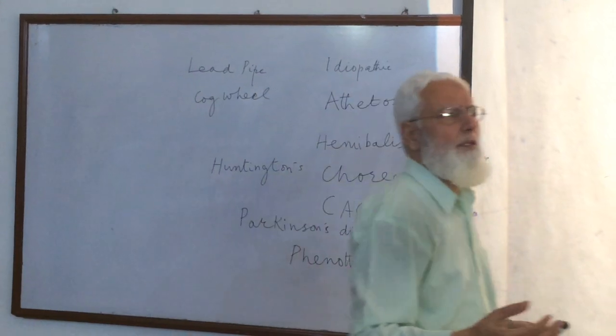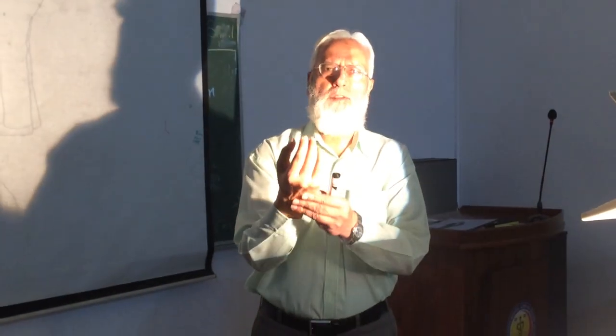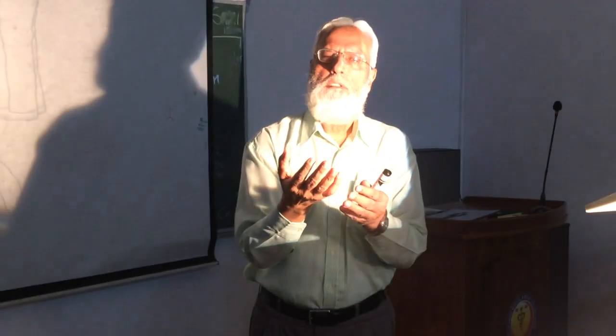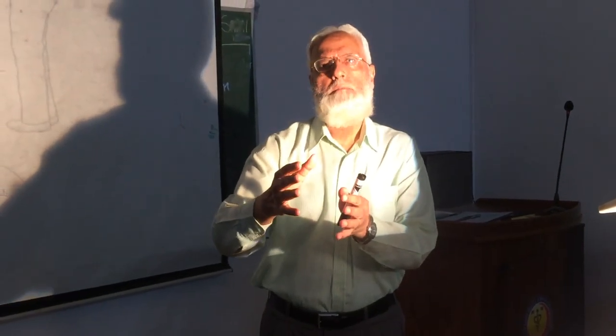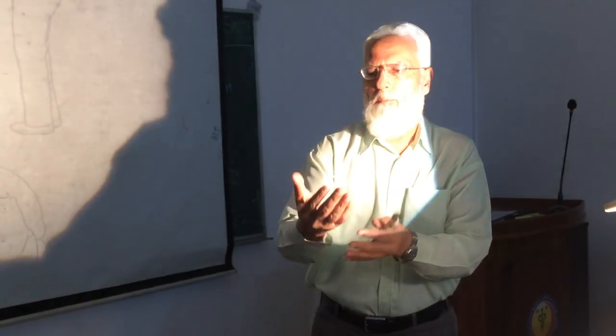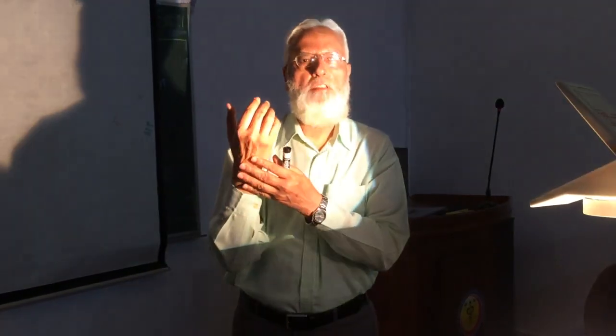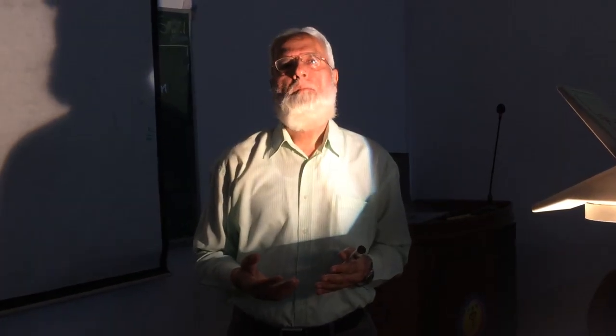Now lead pipe rigidity: you passively bend the arm of the patient and you feel just like bending a lead pipe. You have the feeling of bending a lead pipe when you flex passively the arm of the patient. That is lead pipe rigidity.